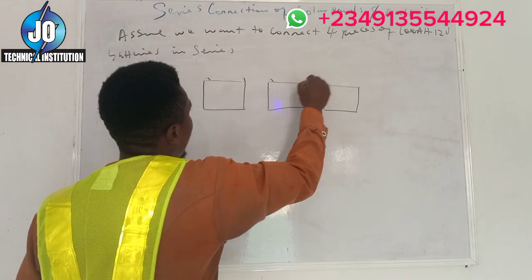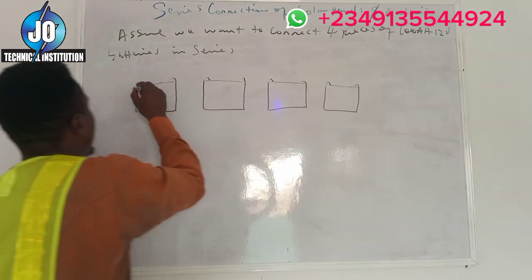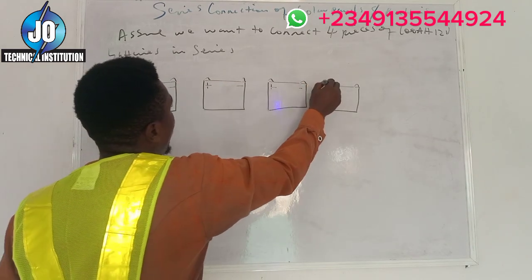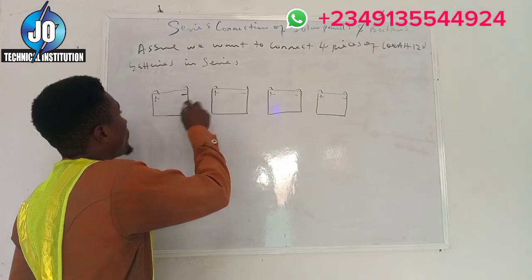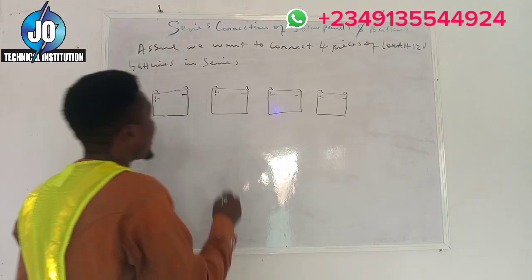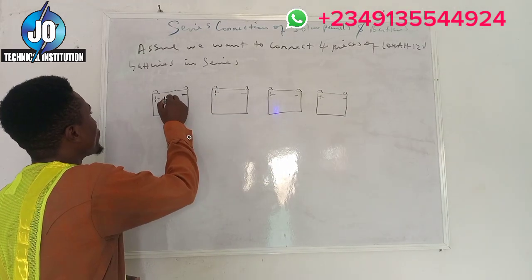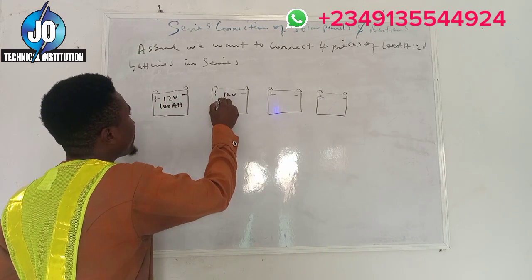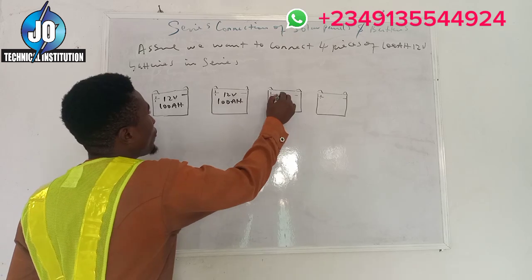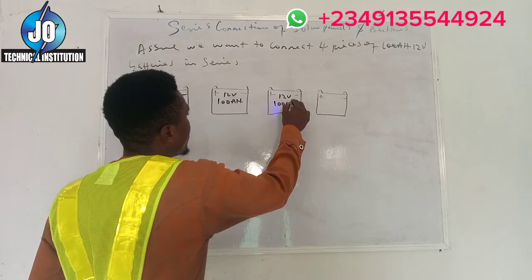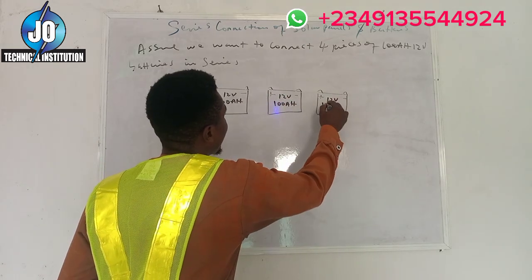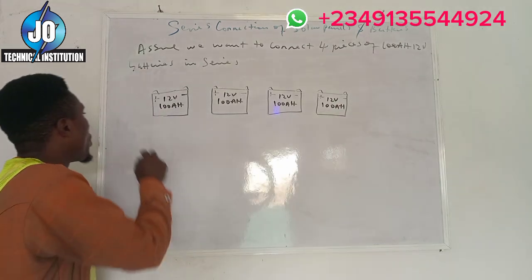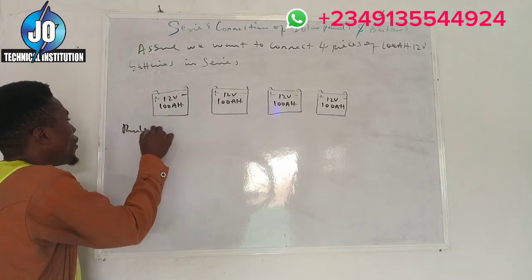And each battery is 12 volts 100 Ah. So with these batteries, you need to look into what we call the rule of series connection.